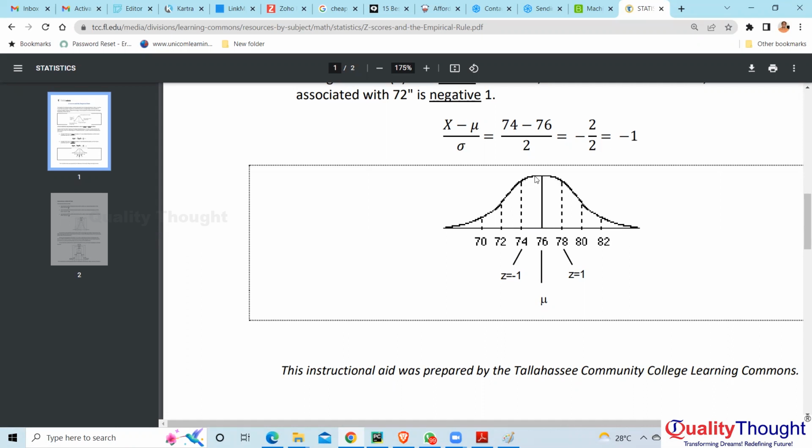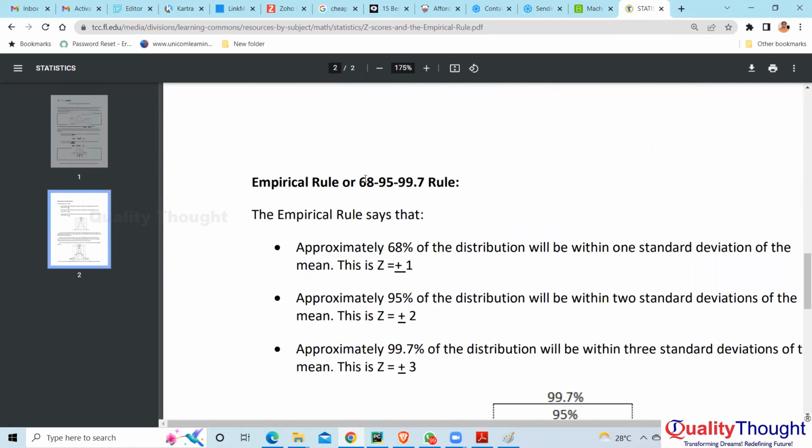Okay, and what is the area of this? You see this, right? It's not a perfect rectangle, correct? So the area of this portion is called 1 sigma, and the value is 68%. This is also called the 68, 95, 99.7 rule. You have to remember this. Easy to remember.